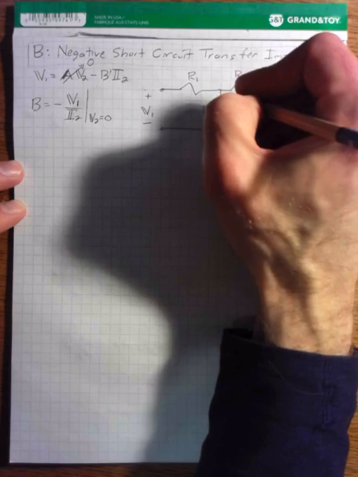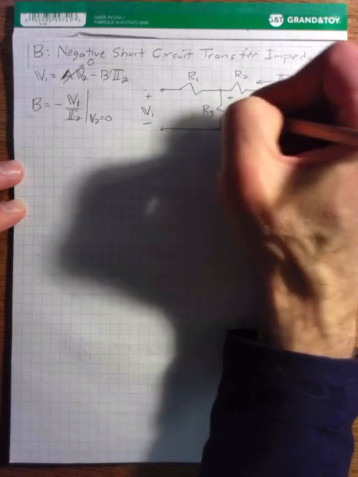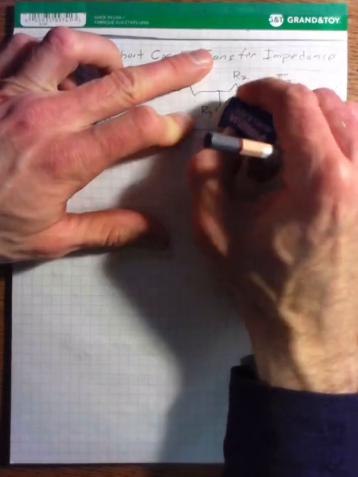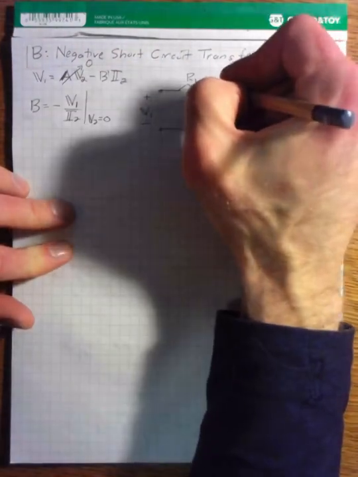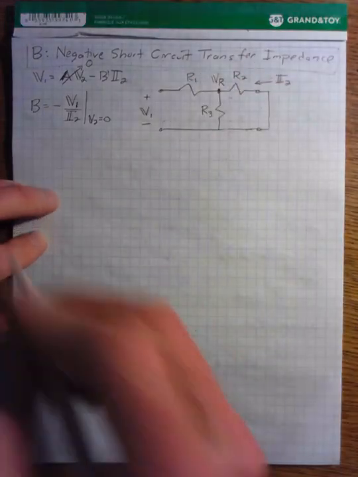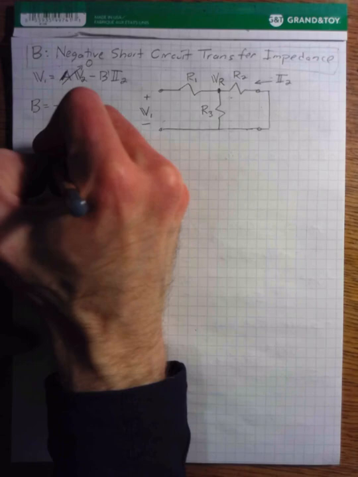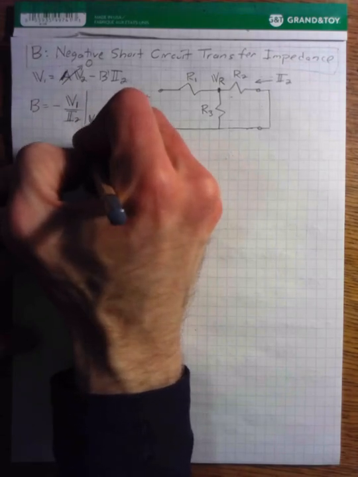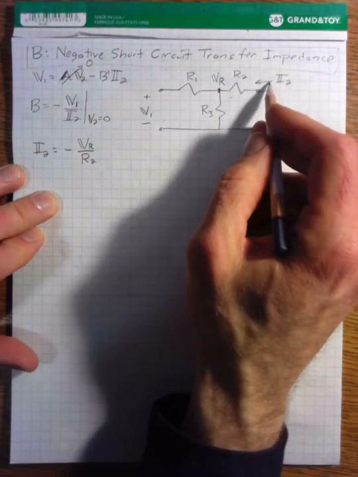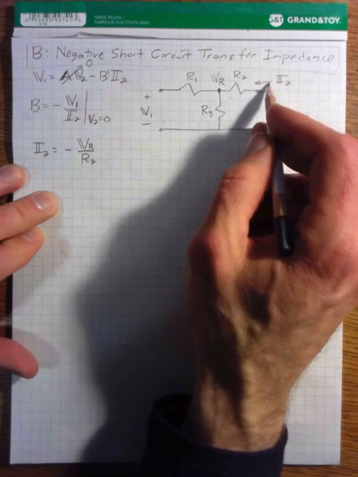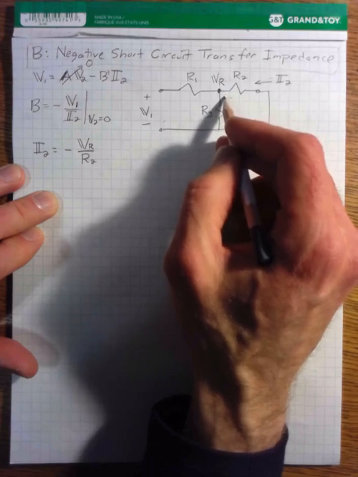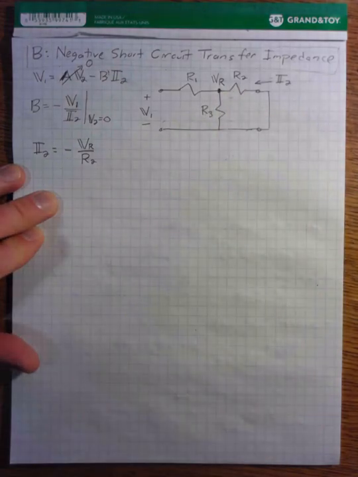So what I'm going to do is I'm going to define the voltage at this particular node as VR. And so I2 is equal to minus VR over R2. Right? Because we've defined I2 as flowing from the right to left direction. So if this is a positive voltage, it would cause current to go from left to right. So that's why we have the negative sign.